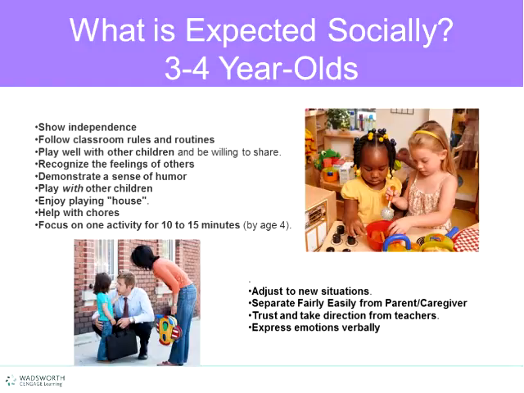So I tried to pick an age that was in the middle, not too young, not younger grade school, but this early preschool time, right? 3 to 4 year olds, what do they do? They should be able to show a little independence, meaning they can do a few things on their own and also voice what's needed or stand up for themselves when needed. 3 and 4 years old, it's going to vary child to child. They should be able to follow classroom rules and routines, because what we're doing is getting them ready for school, and we want to set them up for success.